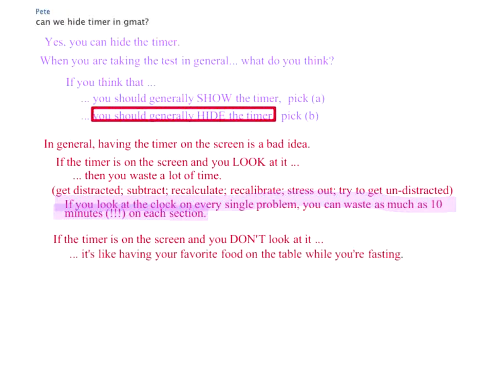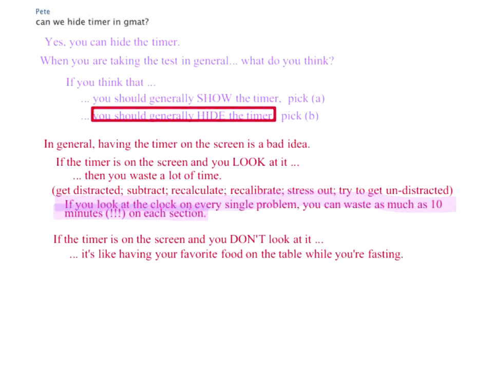It's just a constant distraction. If you're fasting and your favorite food is right in front of you and you smell it all the time, it's going to distract you from whatever you're trying to do, because, oh my gosh, that food smells so good. Oh my gosh, I know there's a timer on the screen. I know that I really want to look at it, and then I'm not.